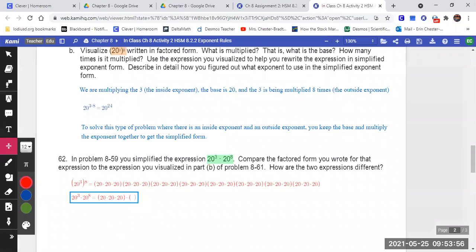But what's the second parentheses going to look like? We need that 20 to the 8th power. What would the parentheses look like for that one?